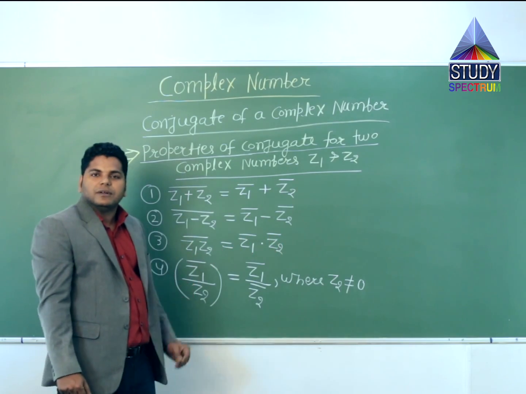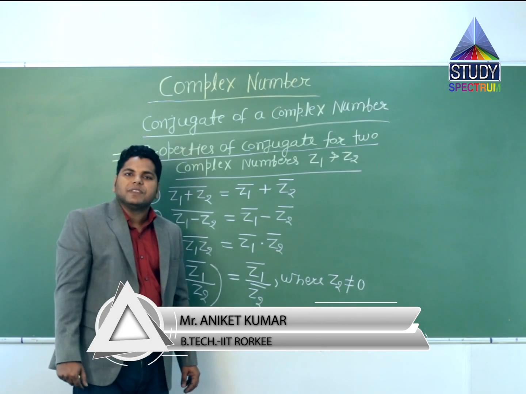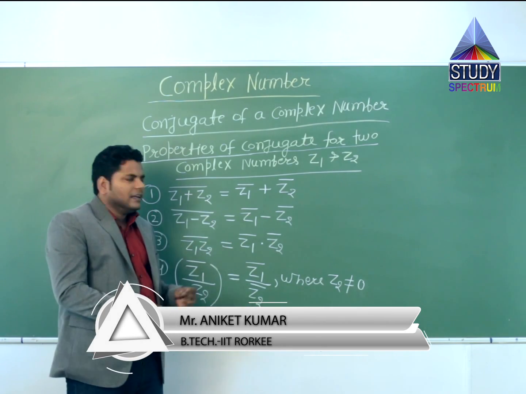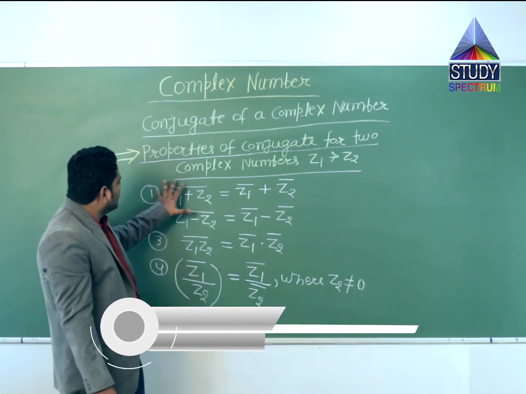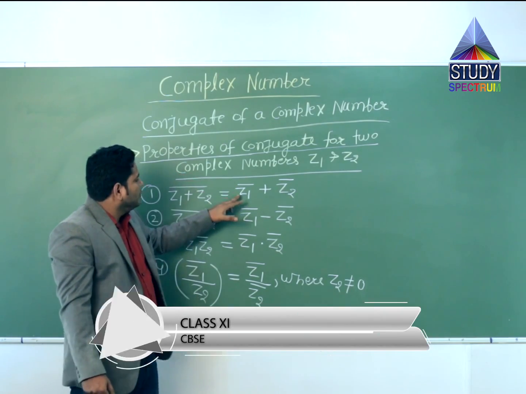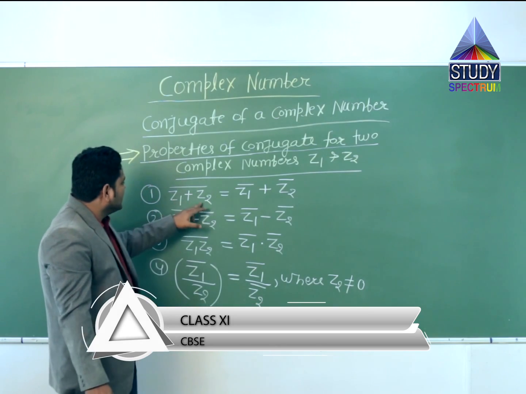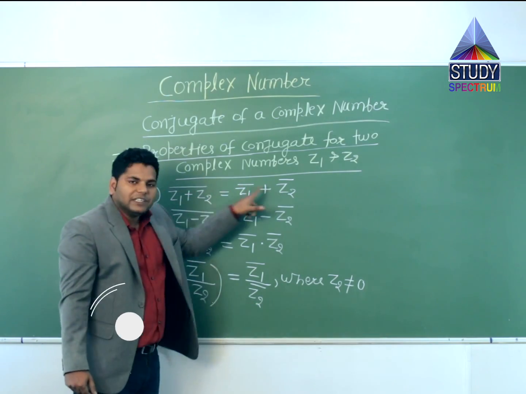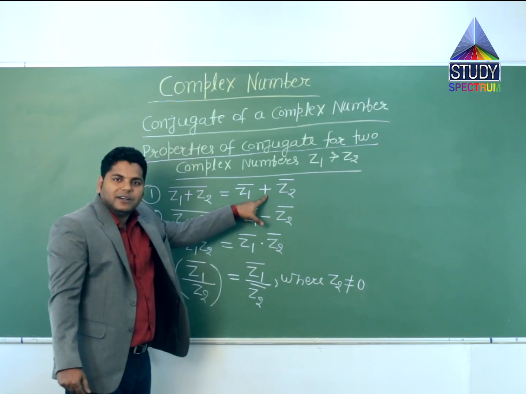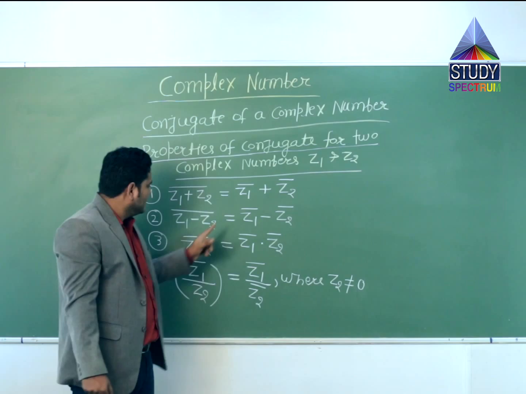If you observe these properties, then you can say that what we are doing here is distributing the bar to each and every complex number. Here, Z1 plus Z2 bar, we are distributing this bar sign to each and every complex number with the sign. Here it was plus, so we have put plus.